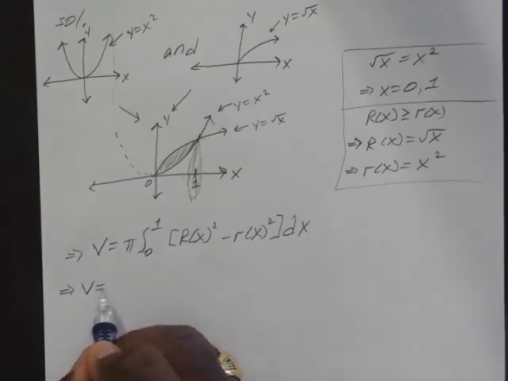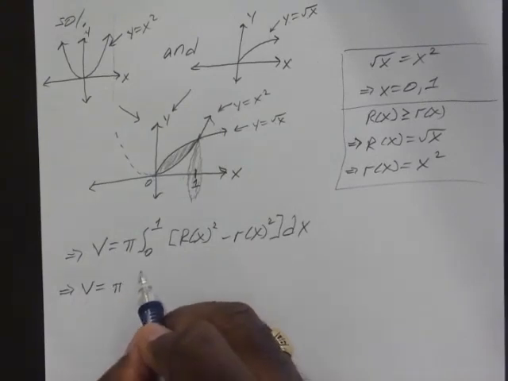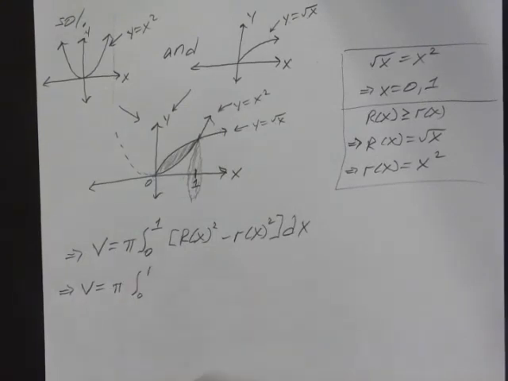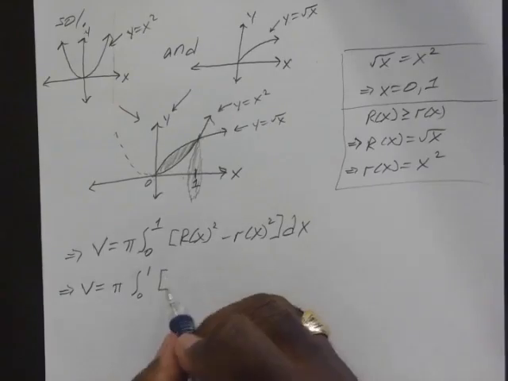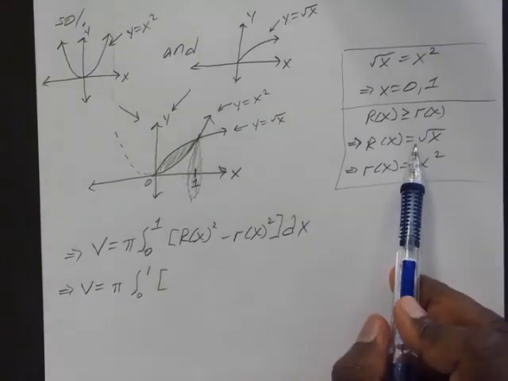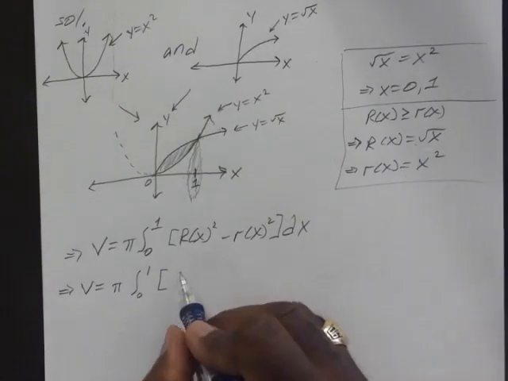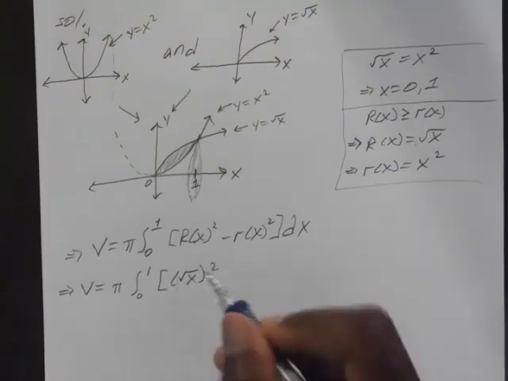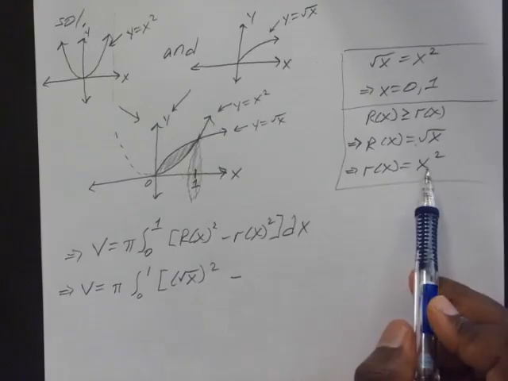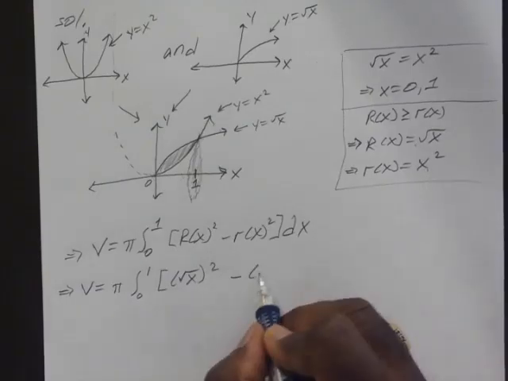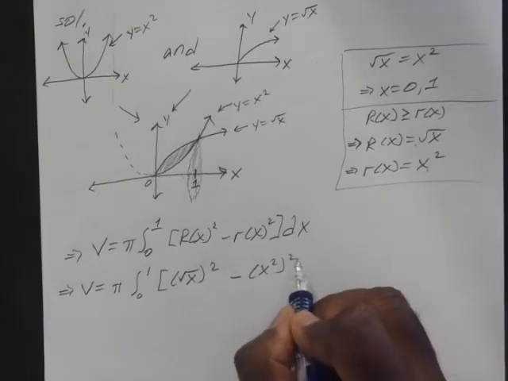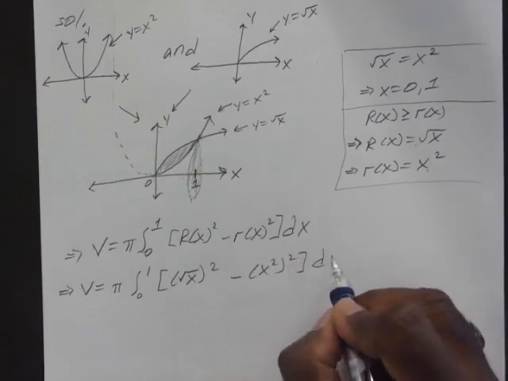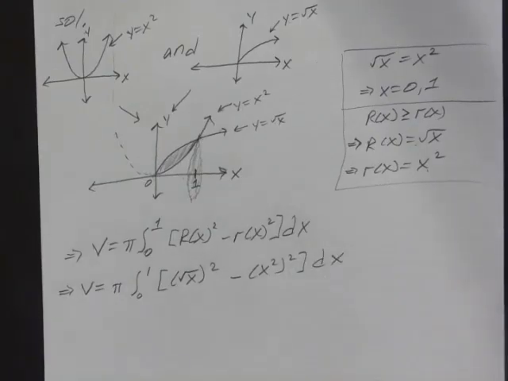So that means our volume will equal pi times the integral from 0 to 1 of the square root of x squared minus x squared squared, with respect to x.